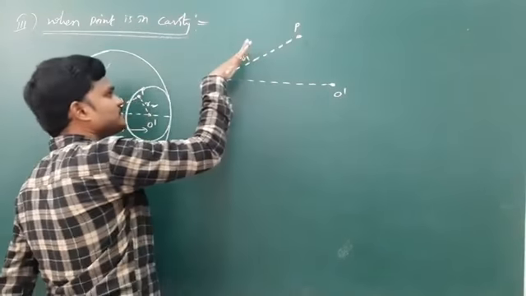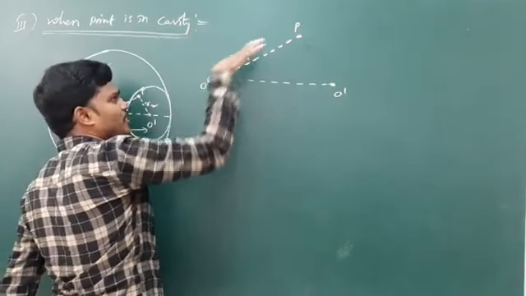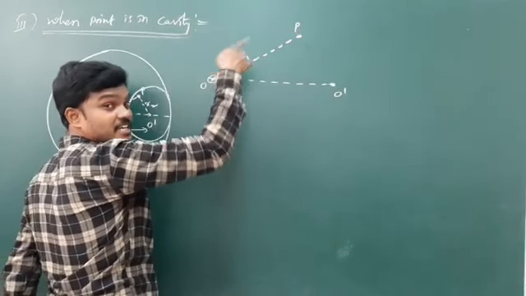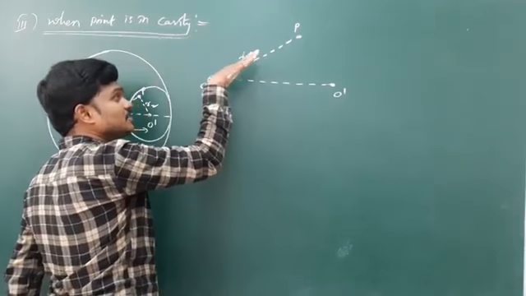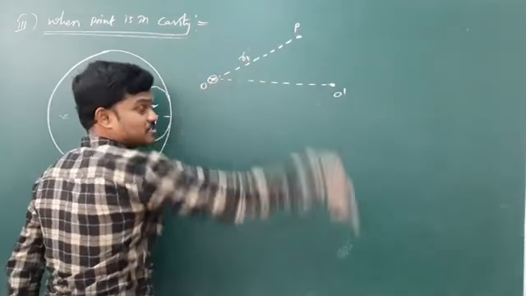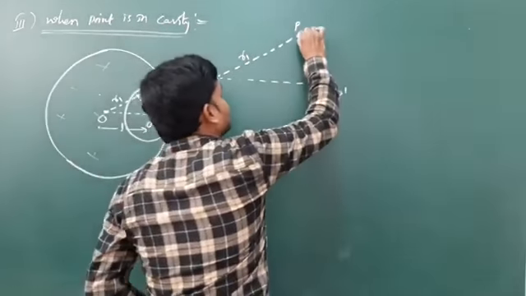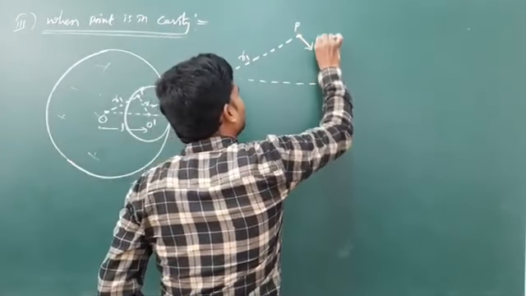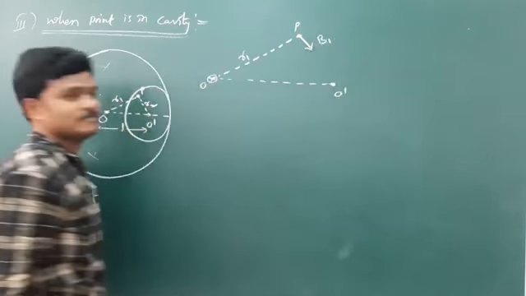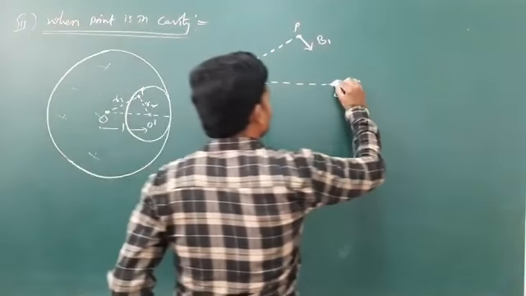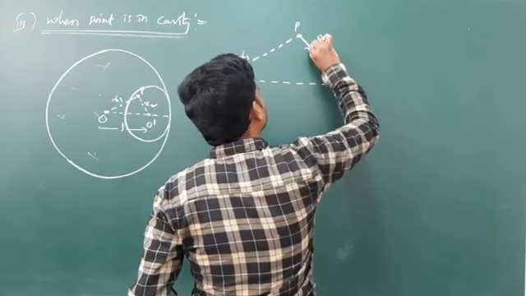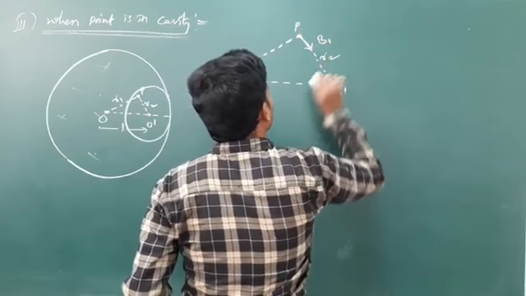Due to this, see the direction of the field at this point. I think you remember these directions covered in the starting classes. So at point P, the direction of the field is in this direction. So the direction of the field is B1. And this is at a distance of R2.